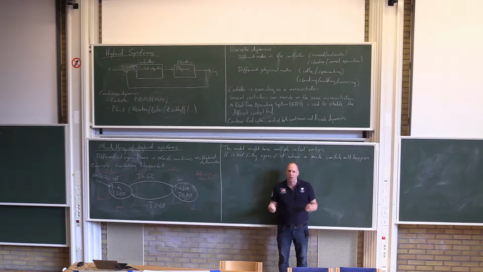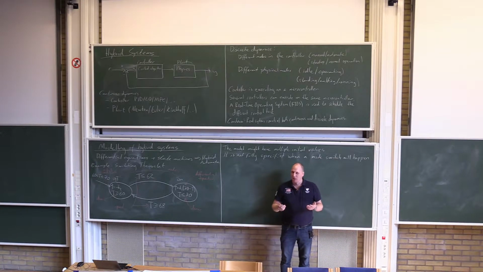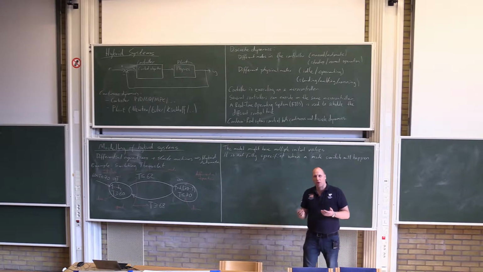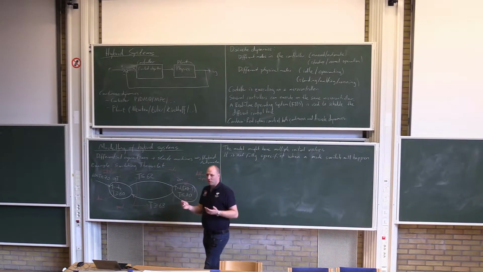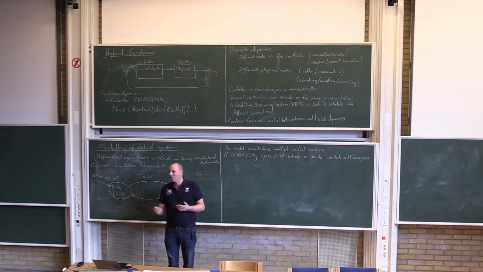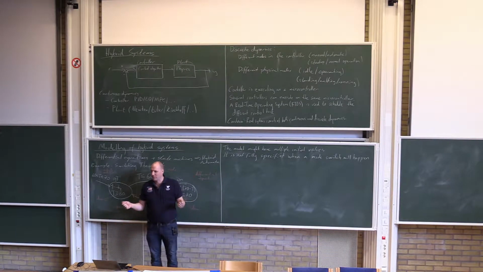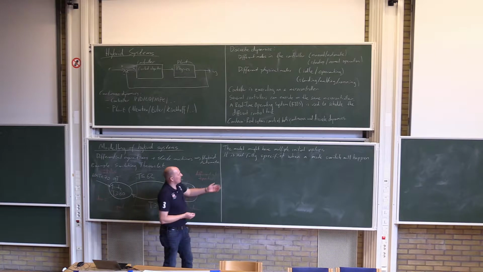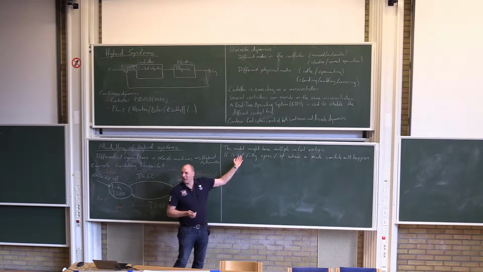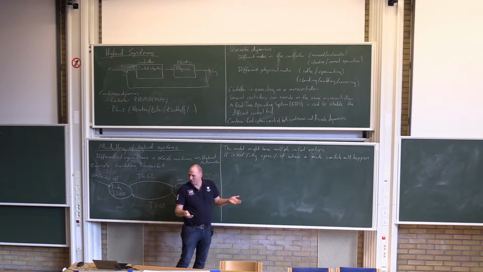Those you don't know when they will happen. You just know that they might happen when you're in such a state, but not that they necessarily will. This is a really useful property when you model physical systems, because you don't know what the physical system will do. You need to be able to specify non-determinism.